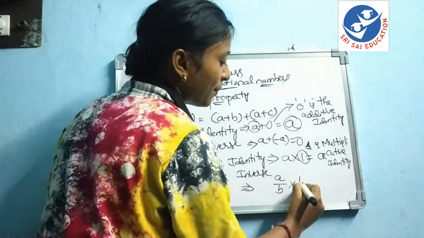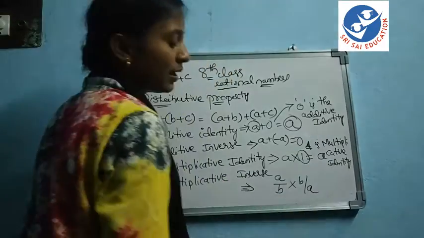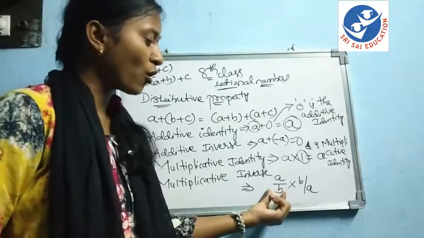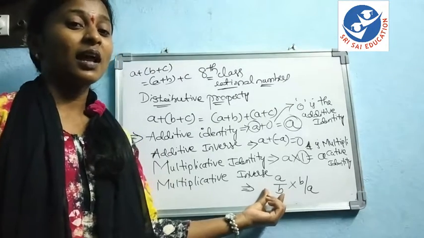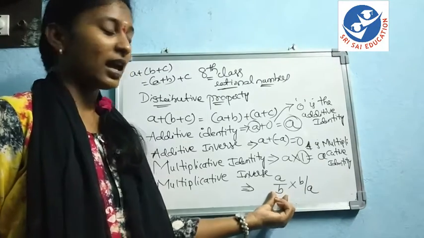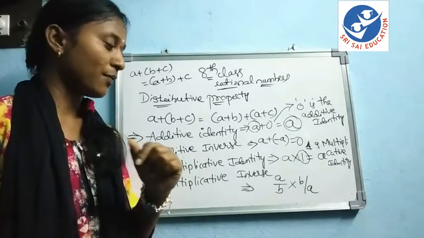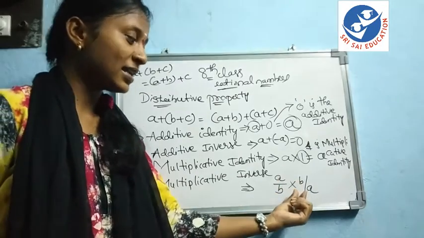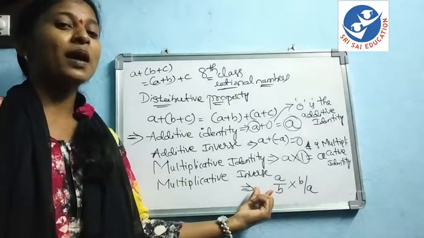So b by a. Yes, a by b into b by a. In this, b by a is the reciprocal of a by b, because a by b is a rational number. Okay, a by b is one rational number. We take an example, a by b. b by a is the reciprocal of a by b.